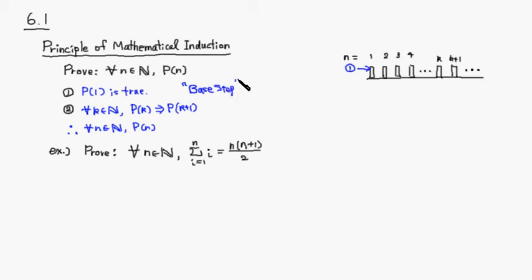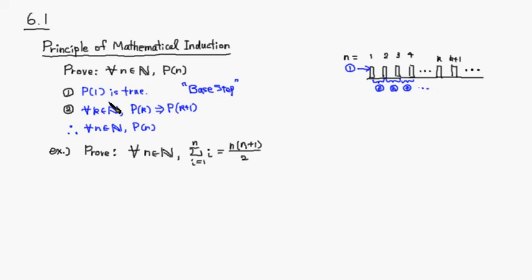Then the second step is to make sure that two consecutive dominoes are close enough so that if one gets knocked down, it's going to push the next one. So the distance is such that if one goes down, the next one is guaranteed to go down.